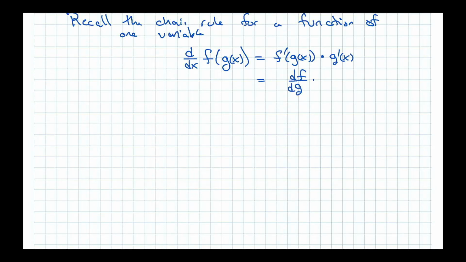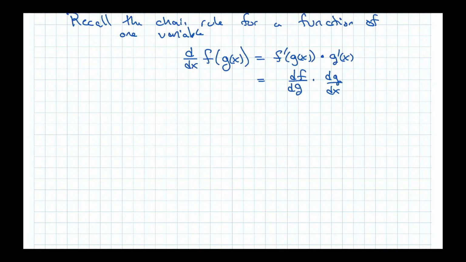And g prime of x, that's the derivative of the inside function g, like dg dx. Now, nobody ever writes it this way, but you could think of it as being this, because this part is just the derivative of the outside function f, and then here's the derivative of the inside function g.